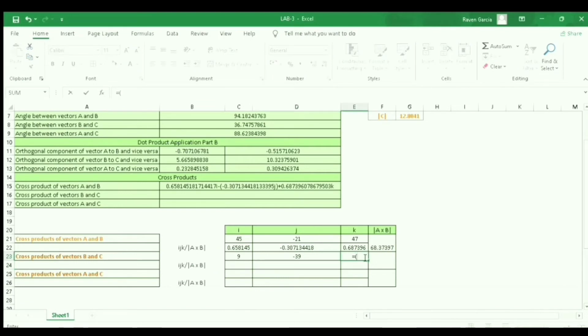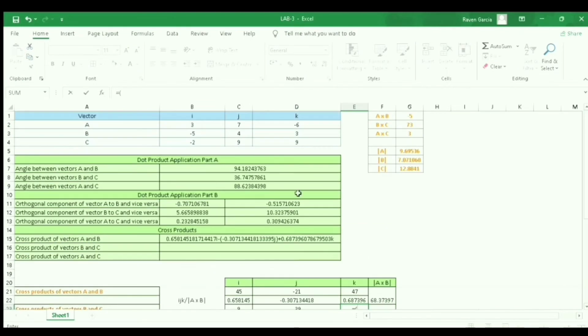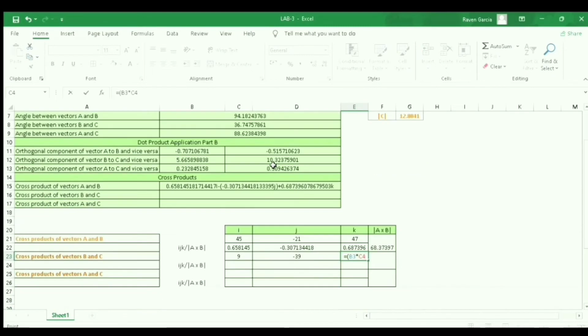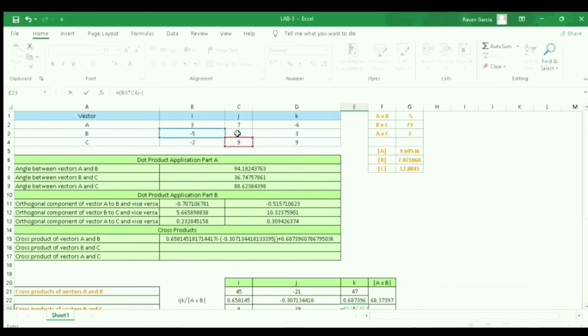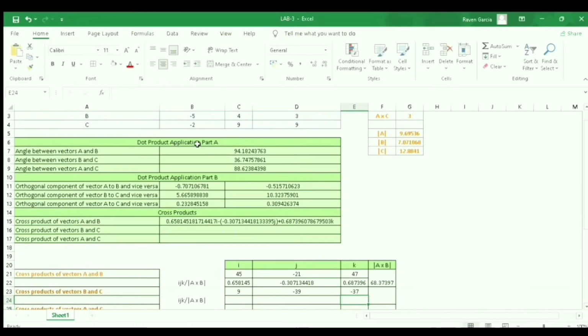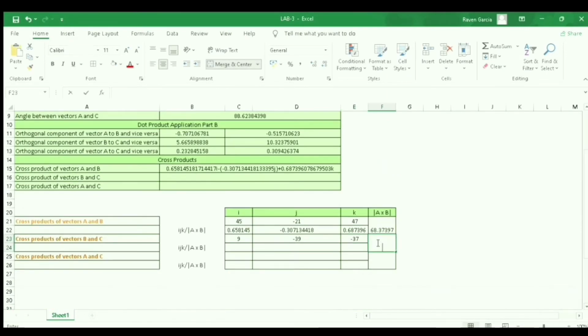Now, for column E, input the formula equals parenthesis B3 times C4 close parenthesis minus parenthesis C3 times B4 close parenthesis, and the answer is negative 37. Now, that's all for the magnitude.